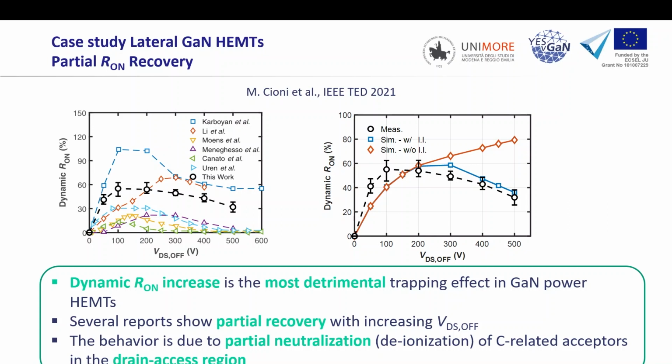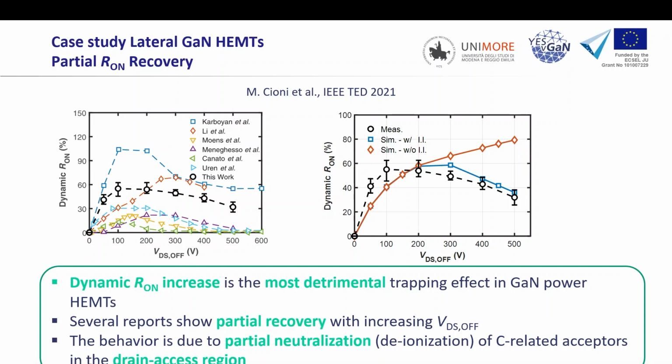And this is, of course, something that might be good because you're behaving better, but still you need to have an understanding of what is happening here. And this is not really something specific to our devices. It was measured by many other groups, and on many other devices from different manufacturers.